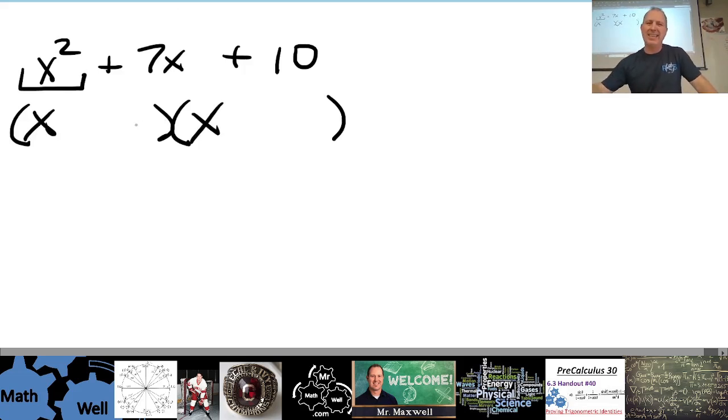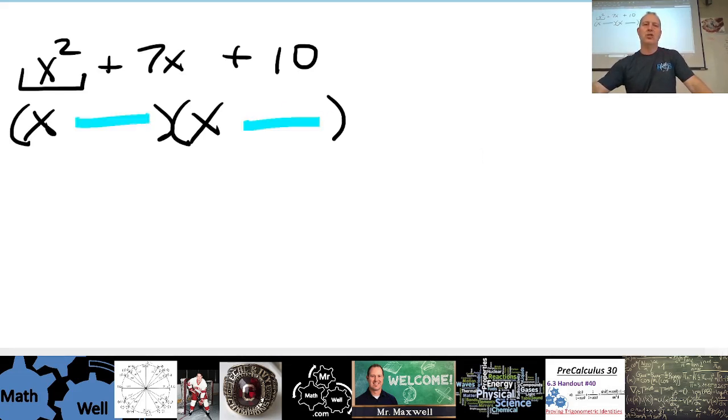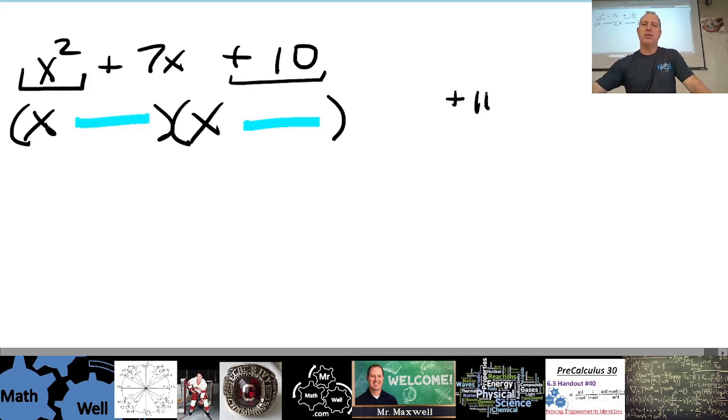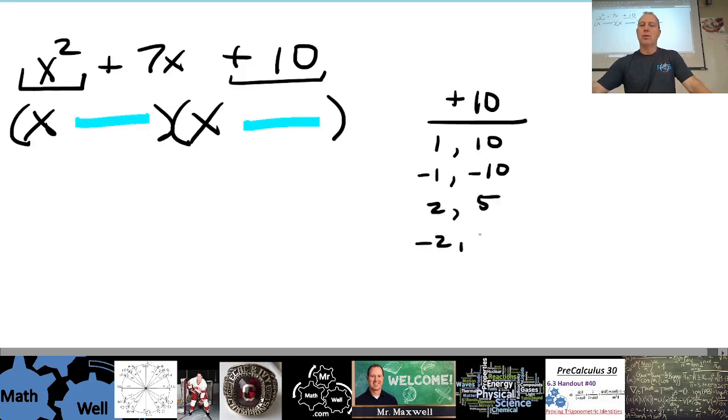Now again, these two spots, we have to look at this term. It's a positive 10. And so what you want to do is list the factors of positive 10. 1, 10. Negative 1, negative 10. 2, 5. Negative 2, negative 5. And are you going to have to do this every time when you get good at this? No, you're not going to have to.